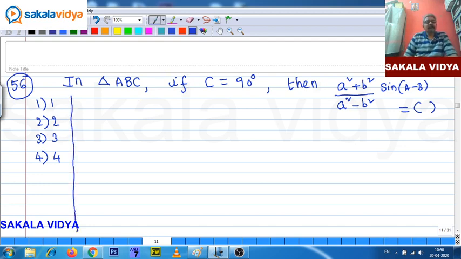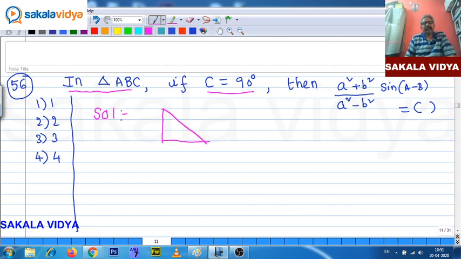So now in triangle ABC, if C is equal to 90 degrees, then we need to find out (a square plus b square) by (a square minus b square) times sine of (A minus B). Okay. So now the solution, first let us draw the triangle, right angle triangle.